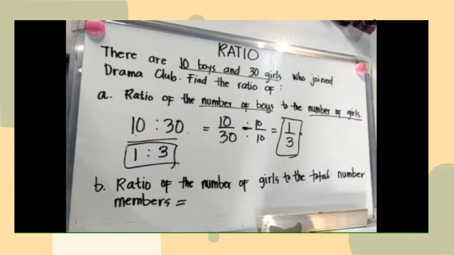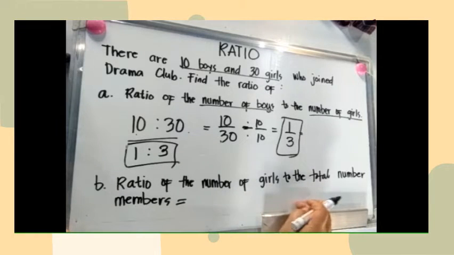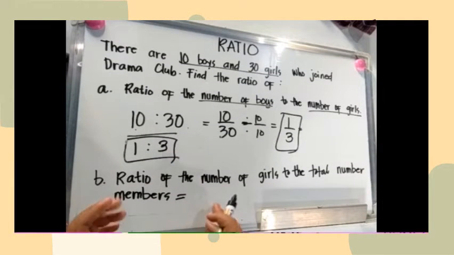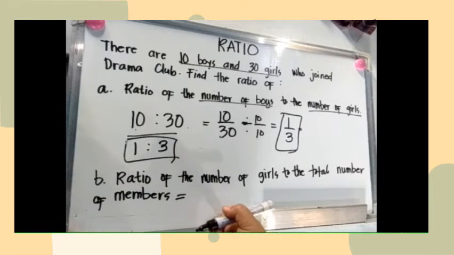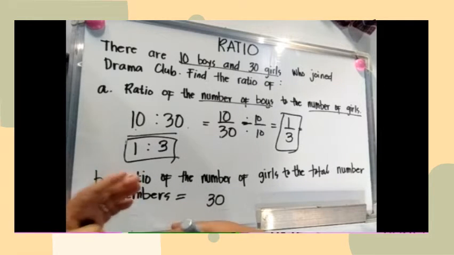Okay, so let us have letter B. The ratio of the number of girls to the total number of members. How many girls joined the club? We have 30. How many members do they have in all?